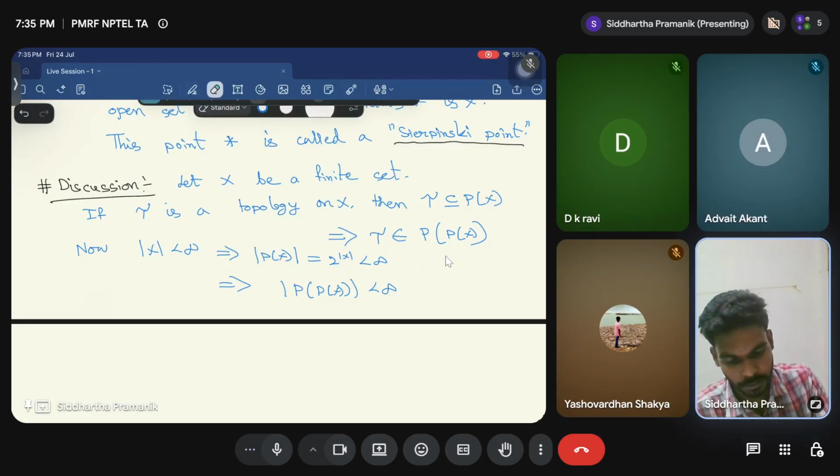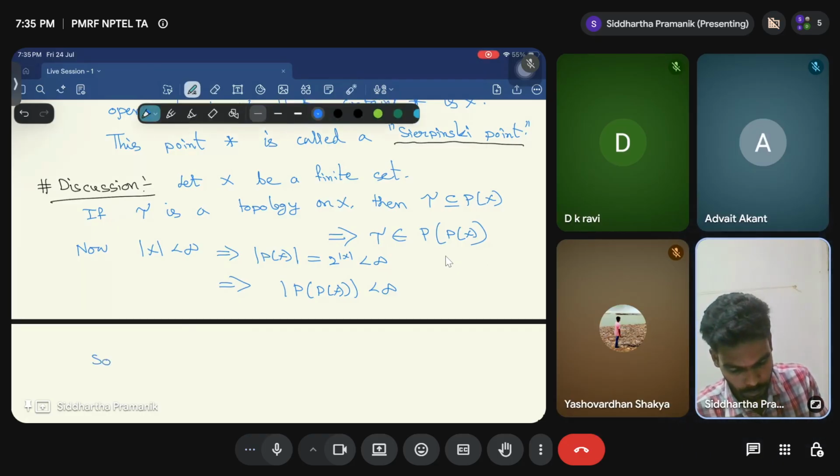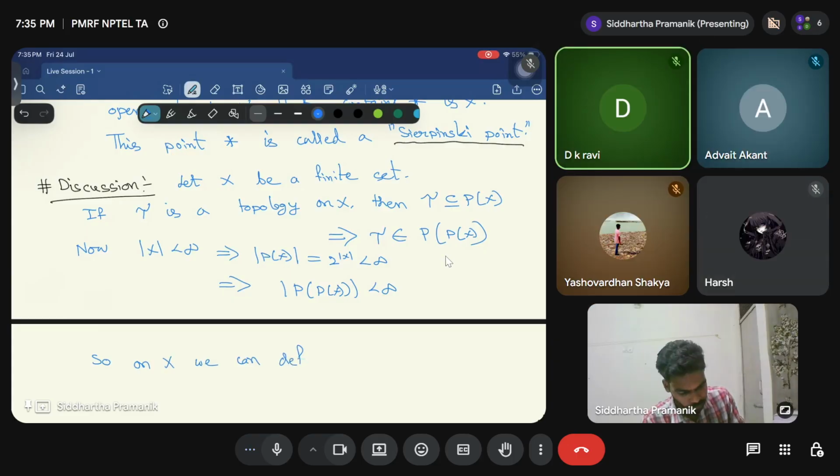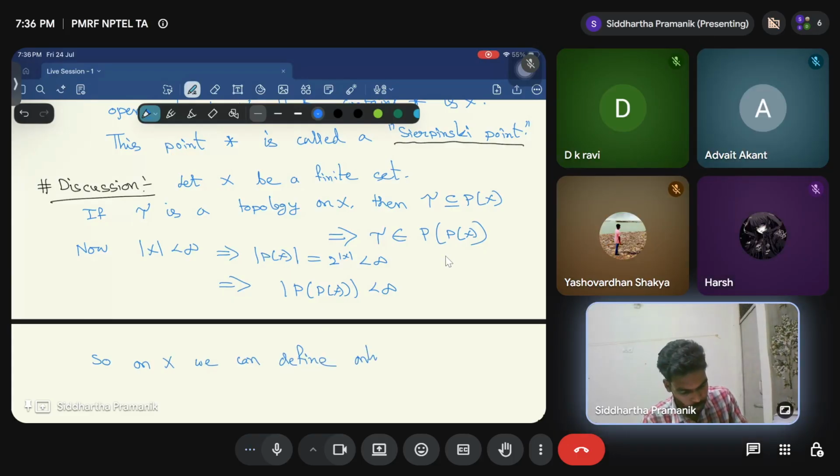Now is it clear? Yes, sir. So on X we can define only finitely many topologies.